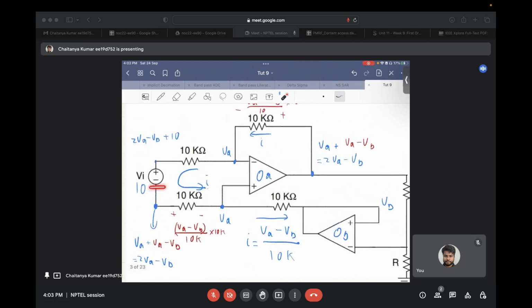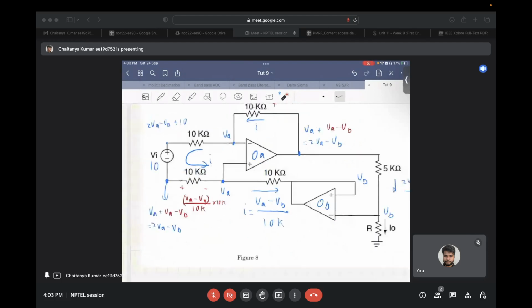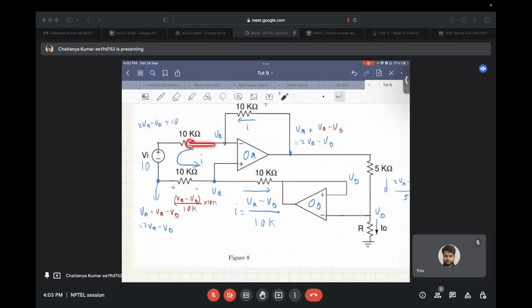Now, since the input voltage is 10 volts, this node will be 2 VA minus VB plus 10 volts. And as we discussed in the starting, we are assuming the voltages at the positive and negative terminal of op amp A as VA. So this voltage is VA. Now the current that flows through this 10 kilo ohm resistor is, from our previous argument, (VA minus VB) by 10 kilo ohm.